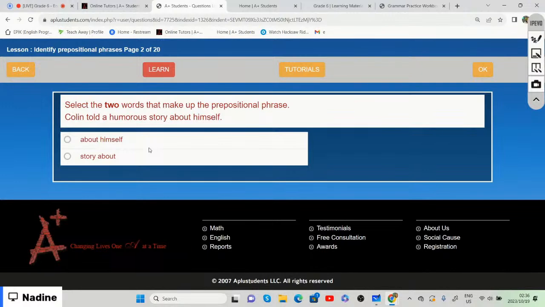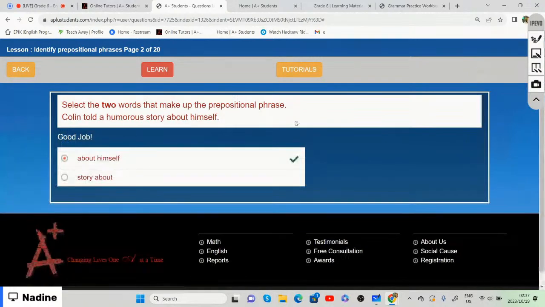Is it about himself or story about? Let's say number one, start with about, which is the preposition, and then we go on to the next word.